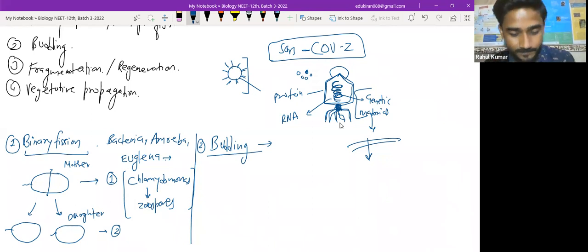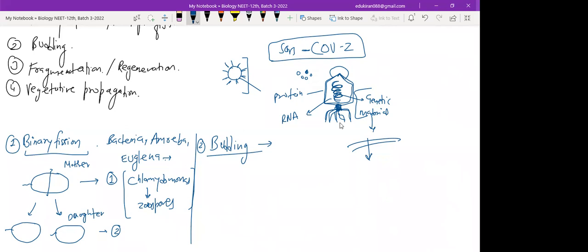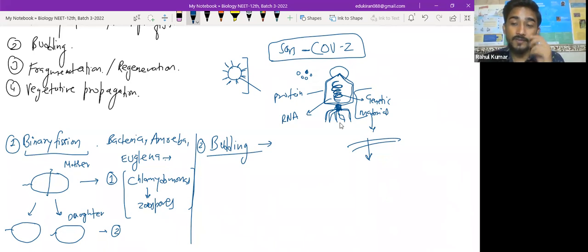Yes, Arpit. Sir, some people already took the vaccine shot, but they also got infected with COVID, sir. Yes, because vaccines are not medicines. Vaccines are not antibiotics. Vaccines cannot always prevent you from getting infected, but in a population, they prevent infection in most of the people, though not 100%.